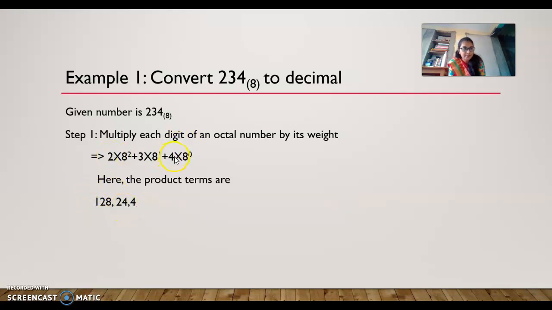Add all these products: 128 plus 24 plus 4, we will get 156 to the base 10. This is the decimal equivalent of 234.